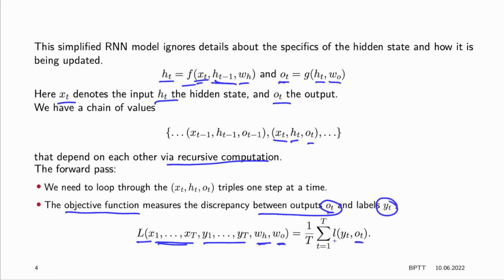Once it has computed all of these outputs, it can look at the loss function little l that compares each output to the correct label and applies a loss. Then we average over all of these little l's. Next, we want to use backpropagation to compute the gradients with respect to all our parameter weights.